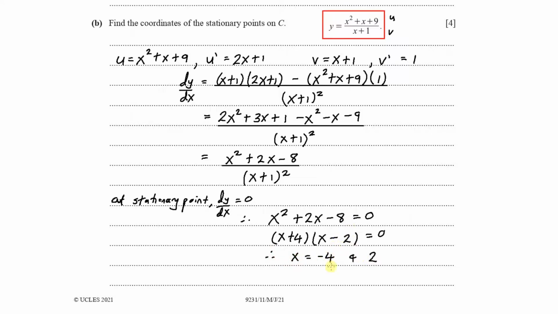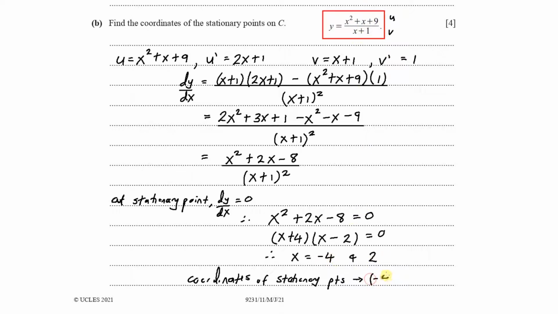Now, we also need to know what the corresponding y values are. It means that we will need to substitute -4 into the equation here of y. And if we do, we'll eventually get the coordinates of the stationary points to be, when x = -4, y should come out as -7.